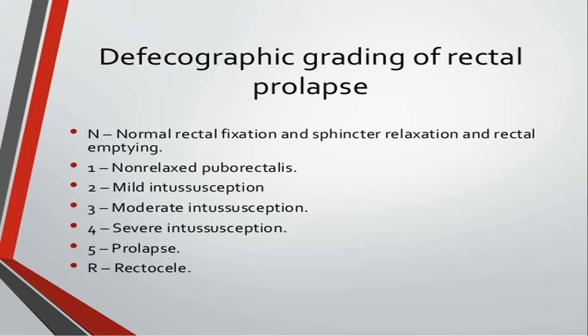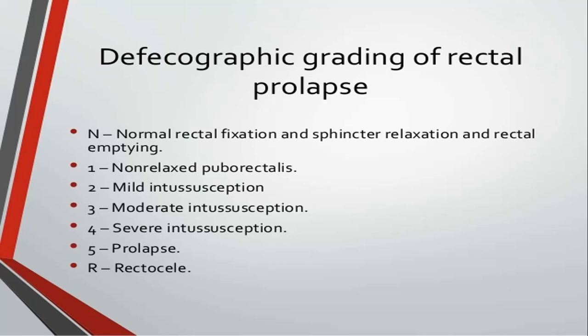A mild intussusception, where the proximal part intussuscepts into the distal part, is scale 2. A moderate intussusception, where the first and second parts intussuscept into the third part, is scale 3. A severe one, where all three parts are intussuscepted, is 4. If prolapse occurs, it is 5.